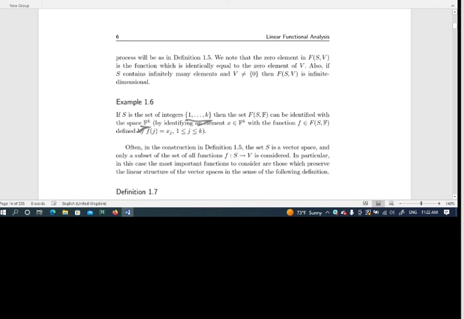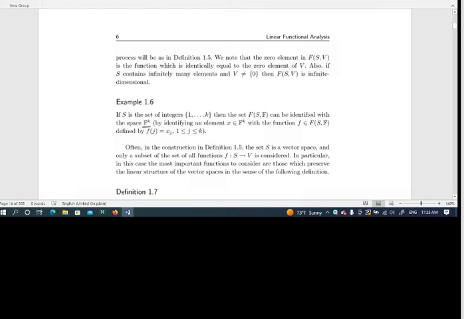This is a very important example, but maybe it's not easy to understand. In fact, F^k equals all such functions.